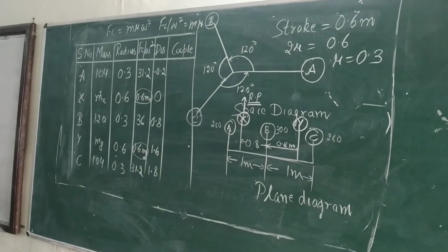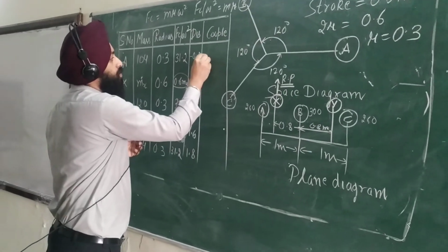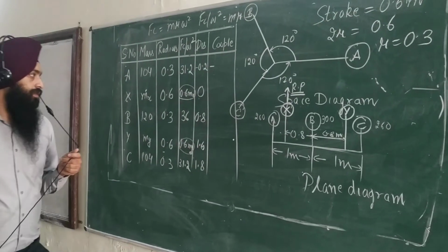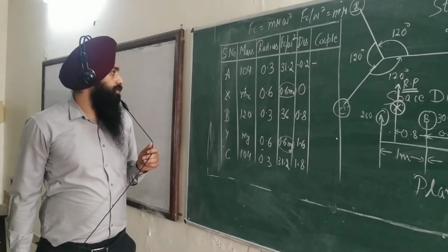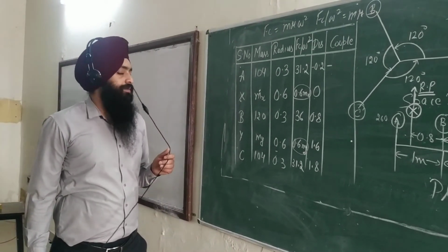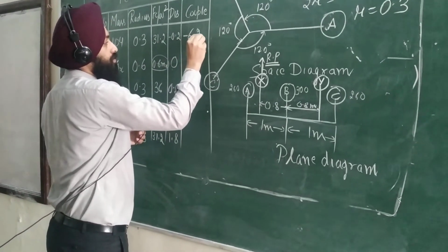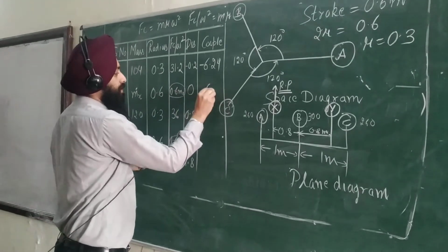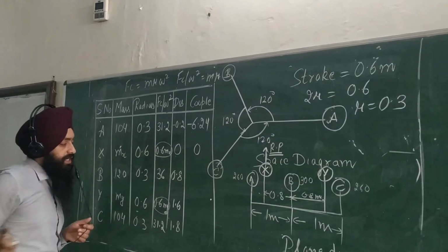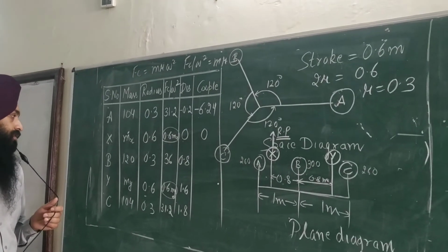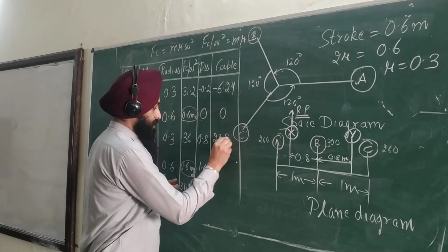Now we have to find the value of the couple. 31.2 into minus 0.2 is minus 6.24. Then 0 into 0.6 into mx, the value will be 0. 36 into 0.8 is 28.8.